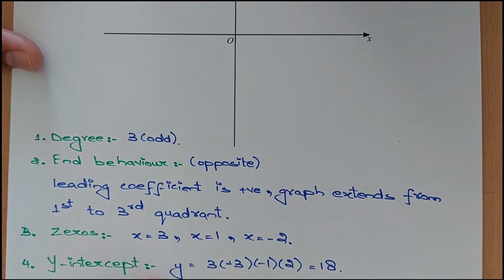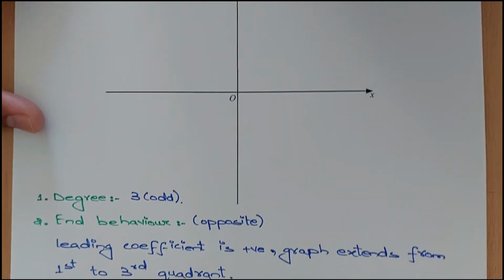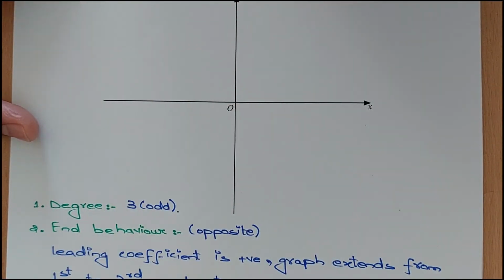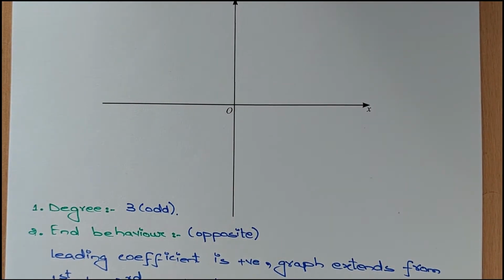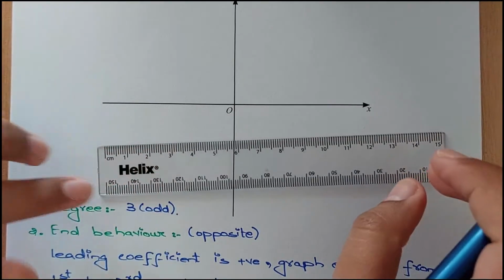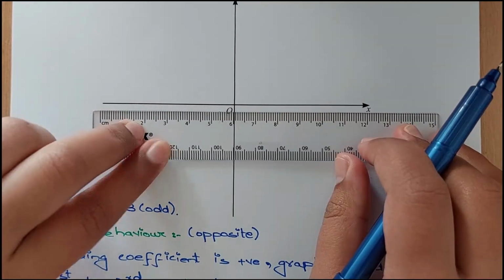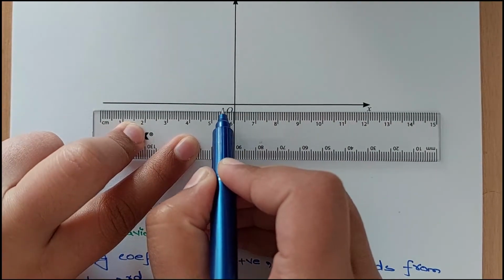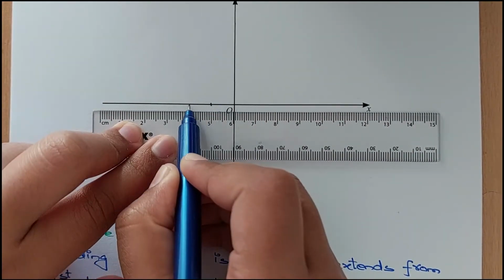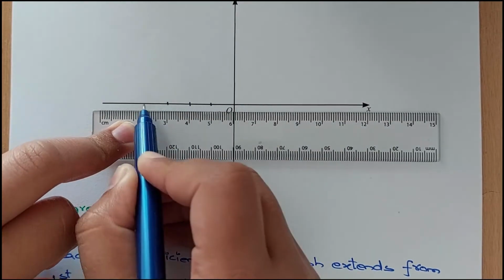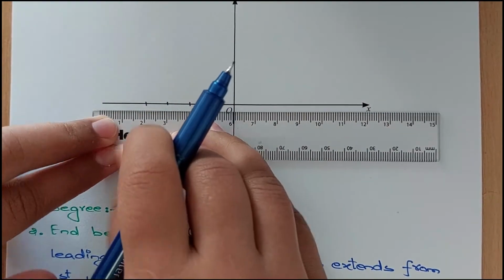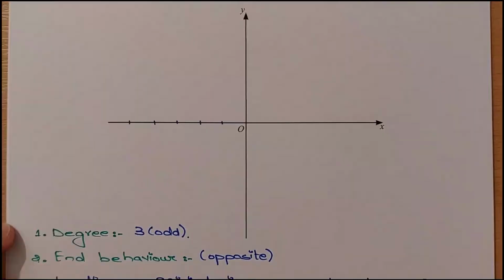So now we have the x-intercepts, we have the y-intercept, and we know that the graph extends from first to third quadrant, right? Now let me use the scale, let me label the points. So this is 1, -1, -2, -3, -4, and here we have -5.